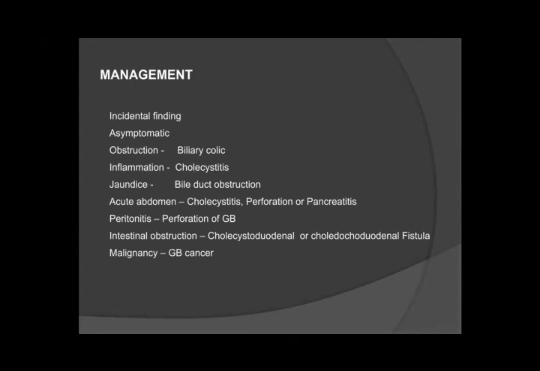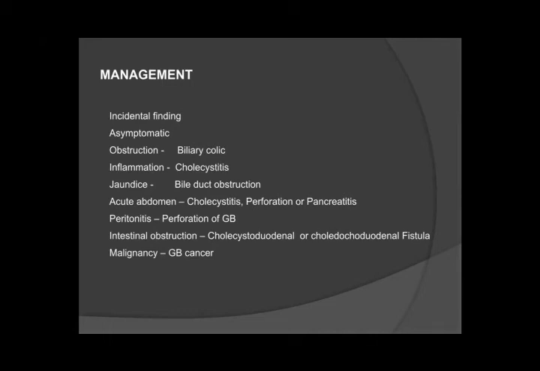Now, management. These are the findings of the gallstones that we can overcome. The list stated basically the incidental finding patients, the completely asymptomatic ones, the obstructed ones, which can present with the biliary colic nature of a pain.